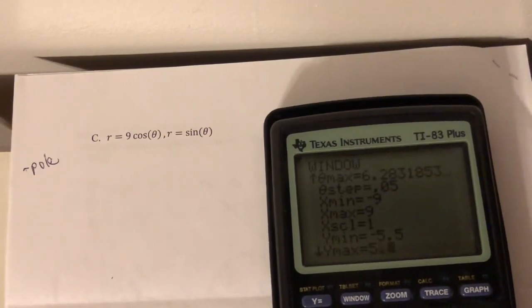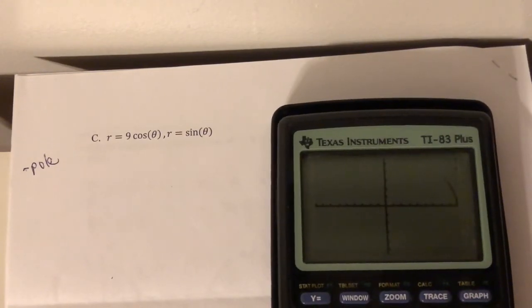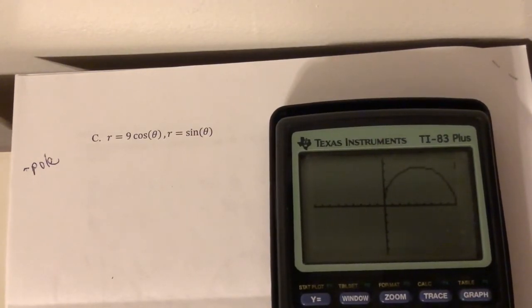That should allow us to keep roughly the square shape. So there's my 2 circles.